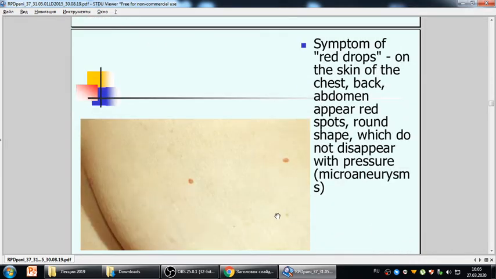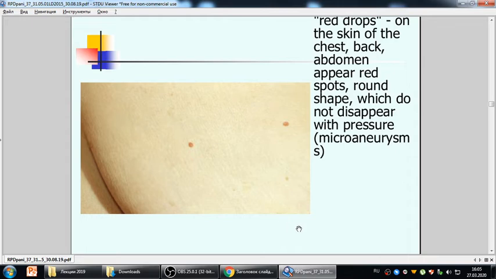And clinically, during observation, you can also see red drops on the skin of the chest, back, abdomen: red spots, round shape, which do not disappear with pressure. These spots are formed because of formation of microaneurysms.